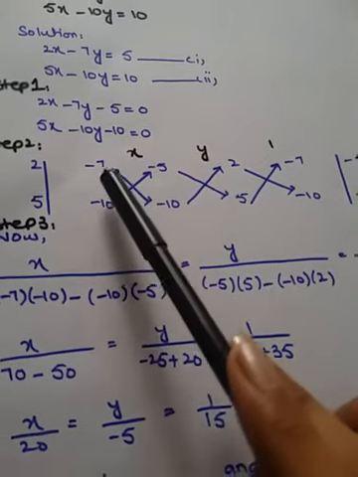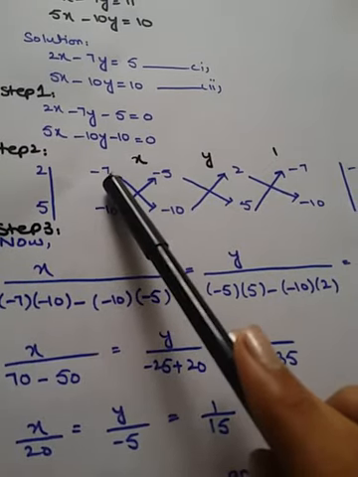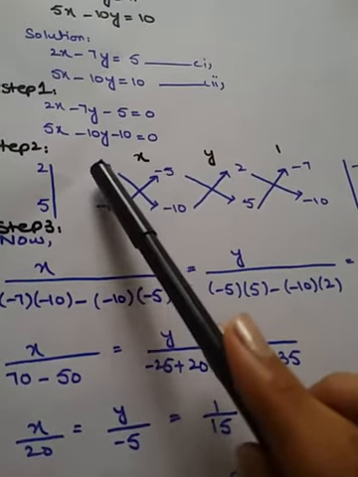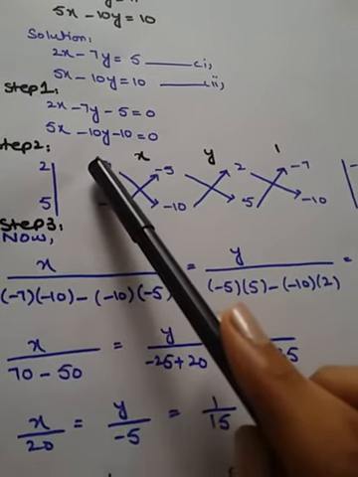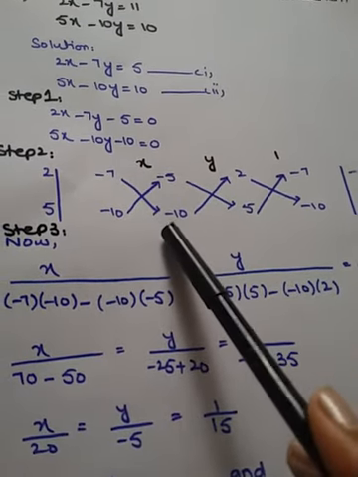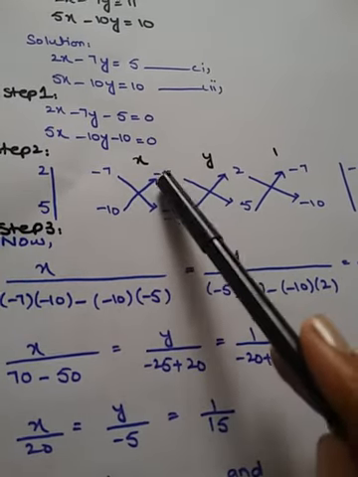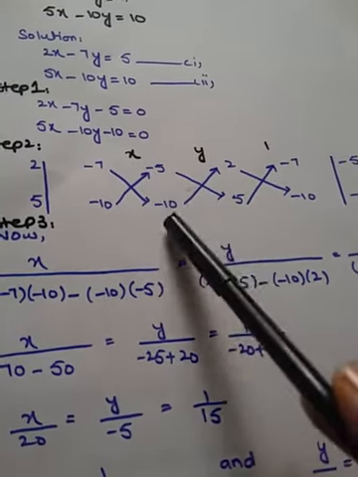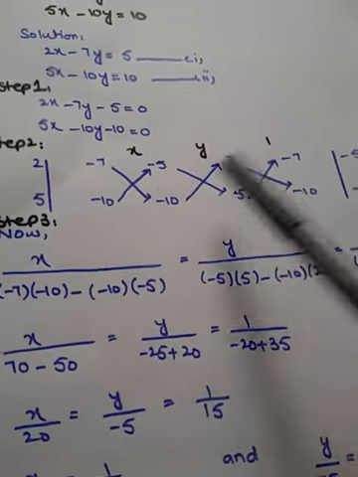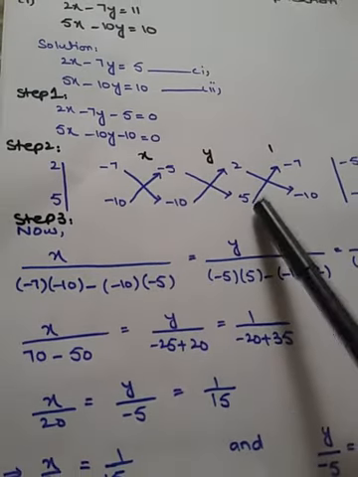Are you clear? So we are going to draw arrows in such a way that from the top left corner to the right bottom, like that, and from bottom to up, again from up to down and down to up, like this. You will draw arrows in the same way.